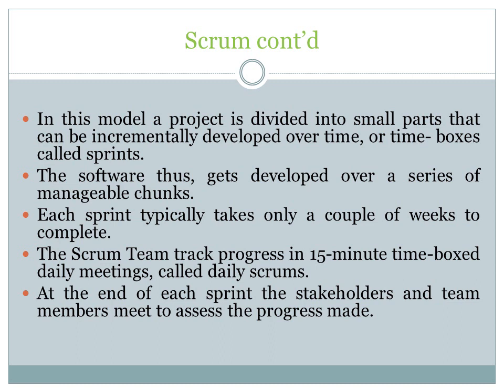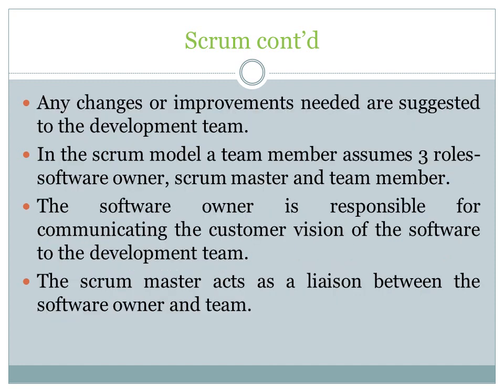Each sprint typically takes only a couple of weeks to complete. The Scrum team tracks progress in 15-minute time-boxed daily meetings called daily scrums. At the end of each sprint, the stakeholders and team members need to assess the progress made. Any changes or improvements needed are suggested to the development team.